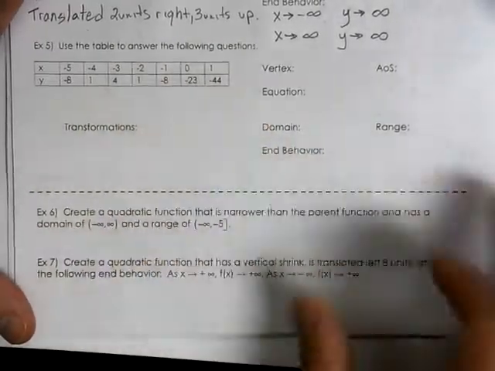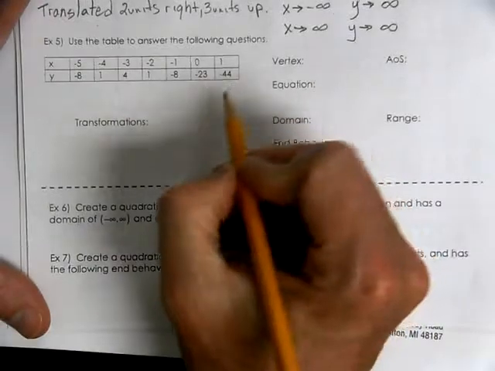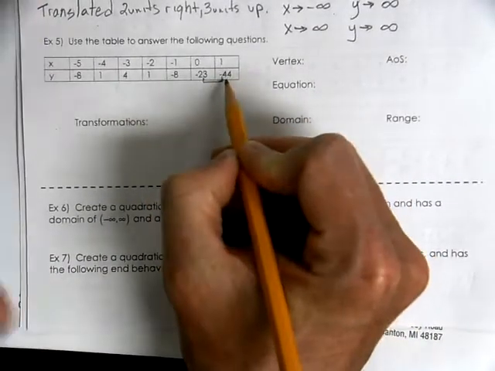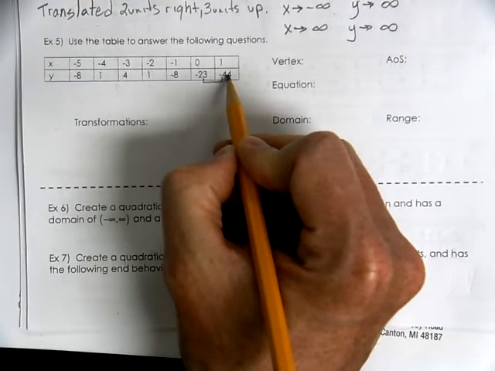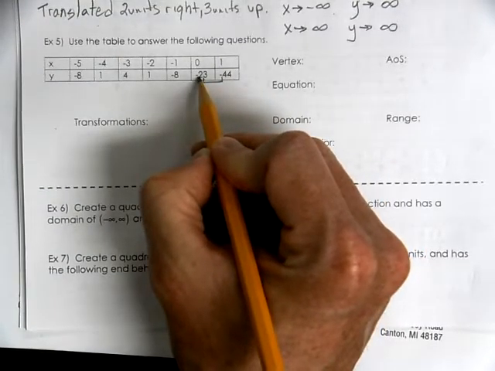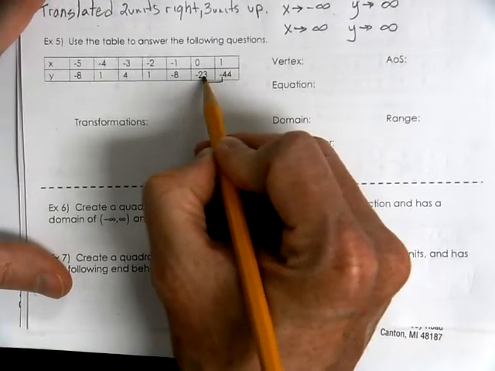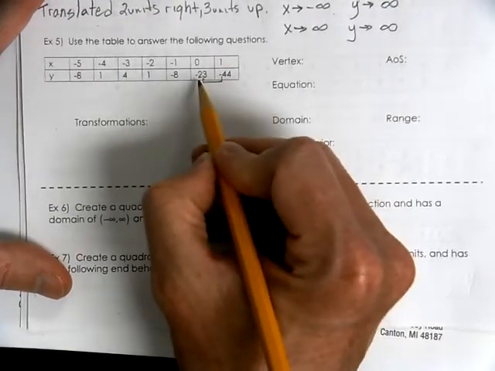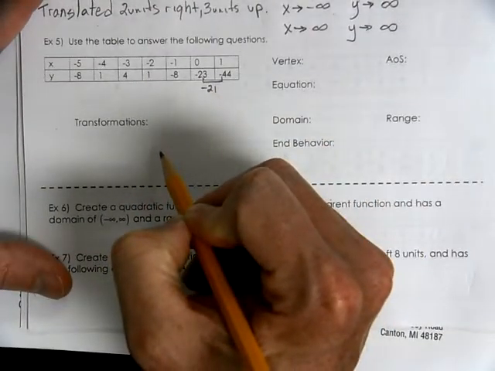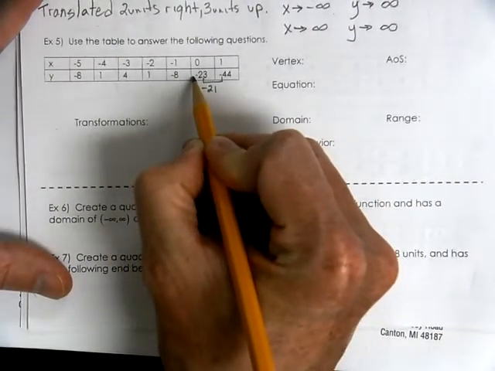So when we look at our tables, one thing we can do is subtraction: negative 44 minus our negative 23, which is adding 23, comes out to negative 21.